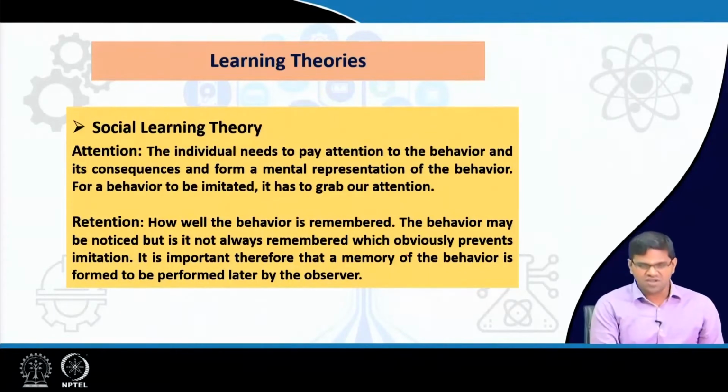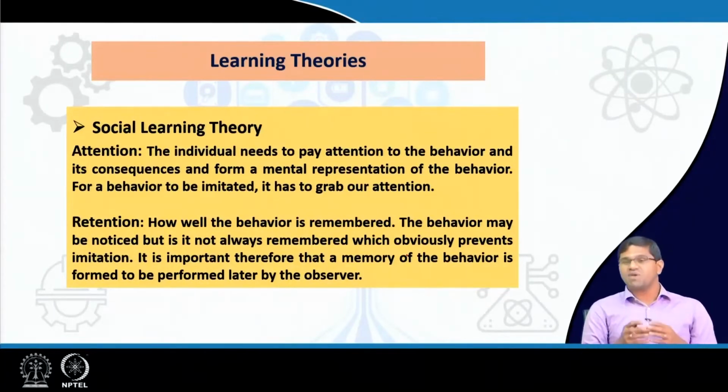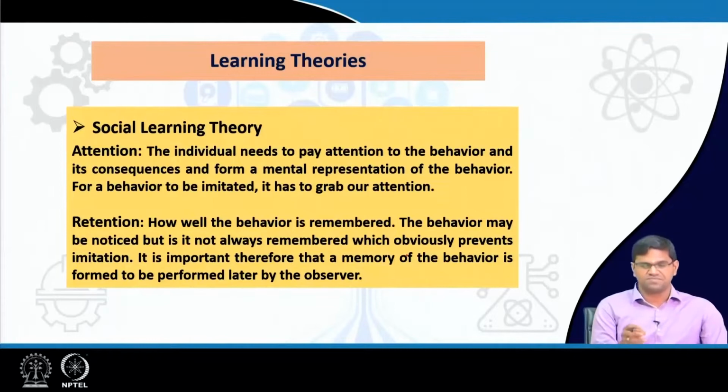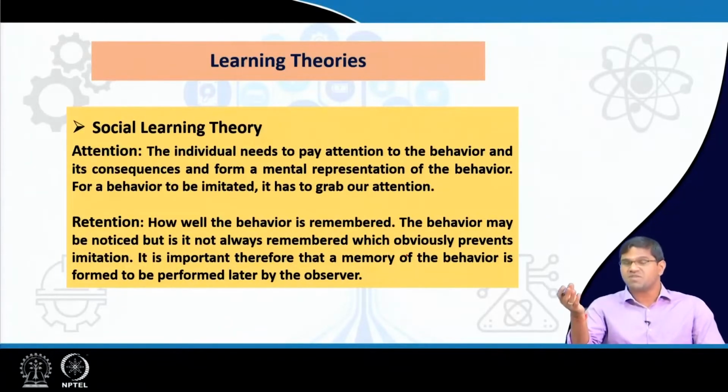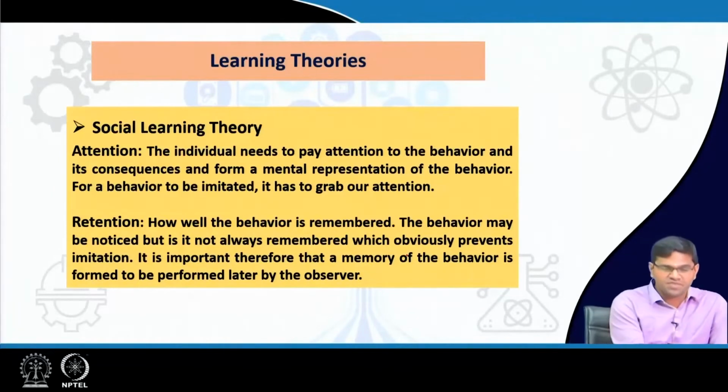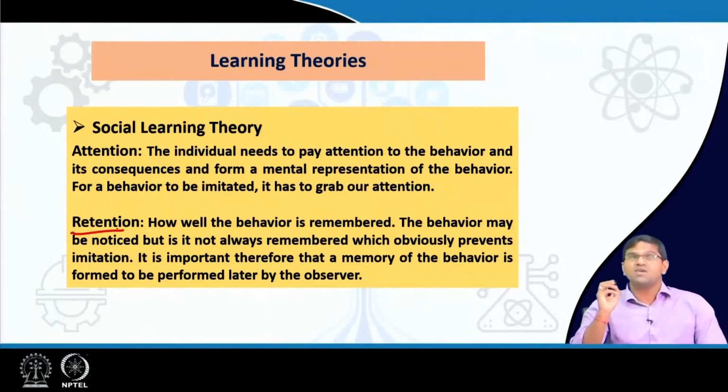So the attention phase is where an individual needs to pay attention to a behavior and its consequences, forming a model representation of the behavior. As I said, you will have to observe a model, see what type of behavior they show and what type of consequences come, and then build a representation of the behavior. Then comes retention, how well the behavior is remembered.